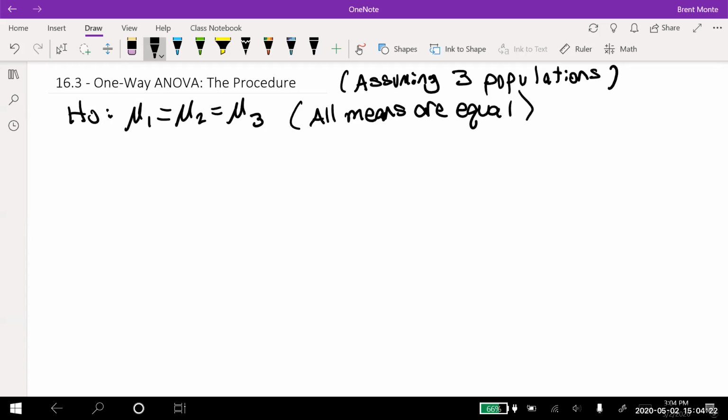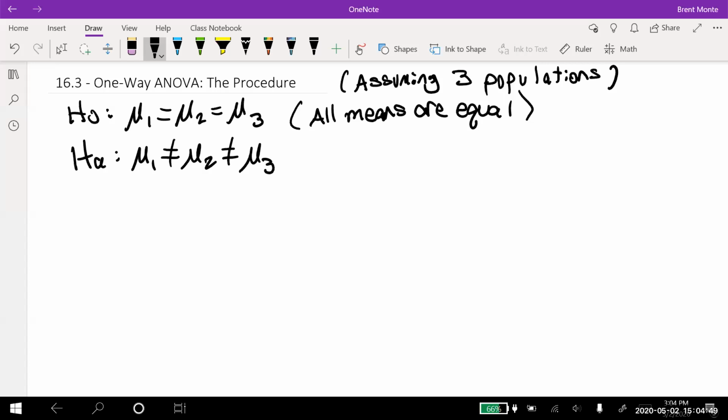The alternative hypothesis, here's where you have to be careful. I cannot say mu1 not equal to mu2 not equal to mu3 as my alternative hypothesis, because think of what's happening here. If our assumption is all the means are equal, what would make that not true is if we could find at least one mean that's not equal to the others.